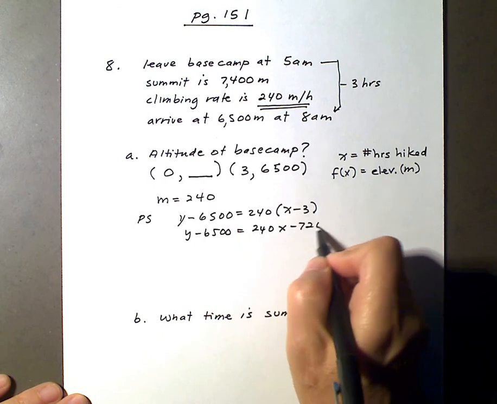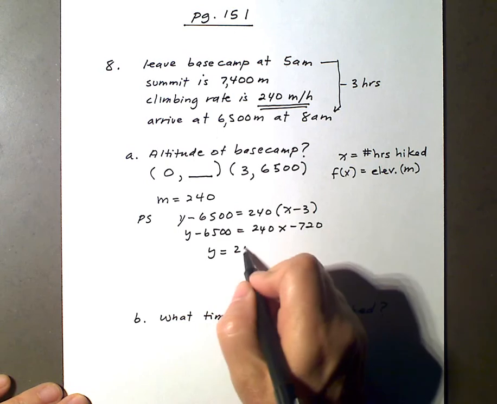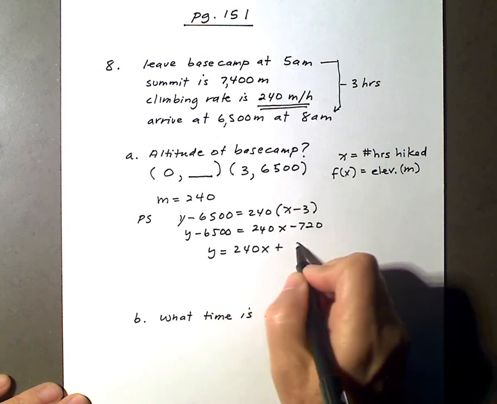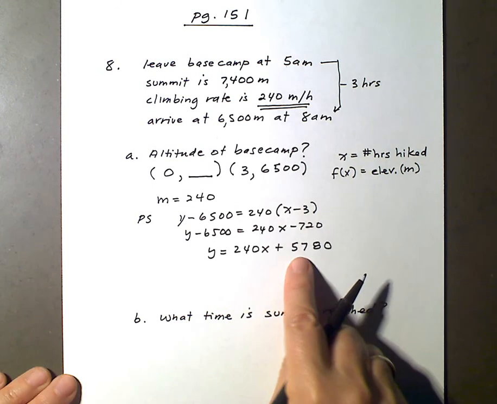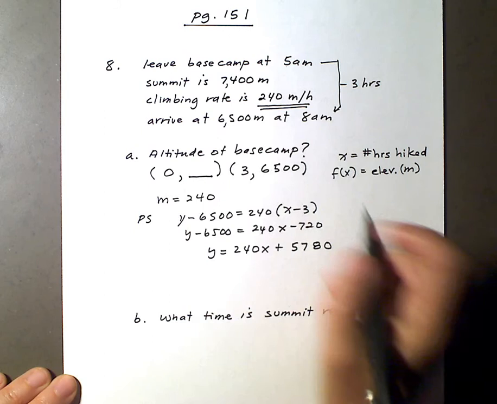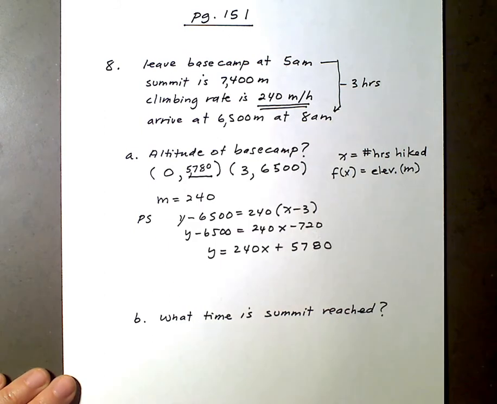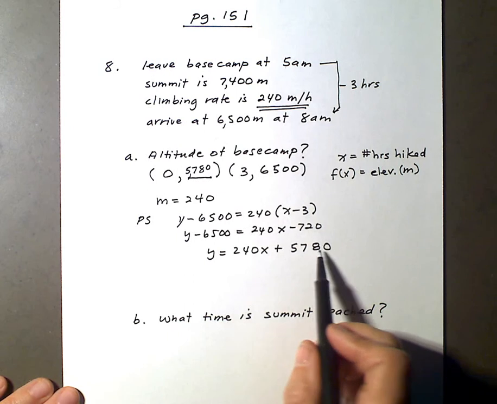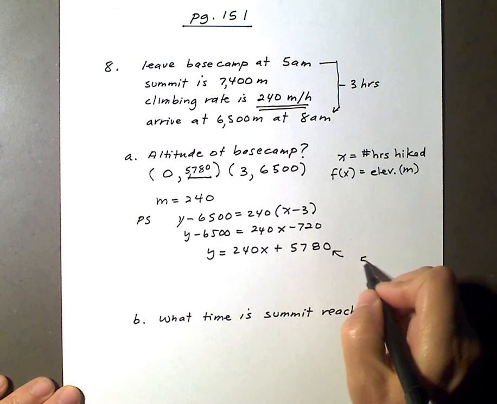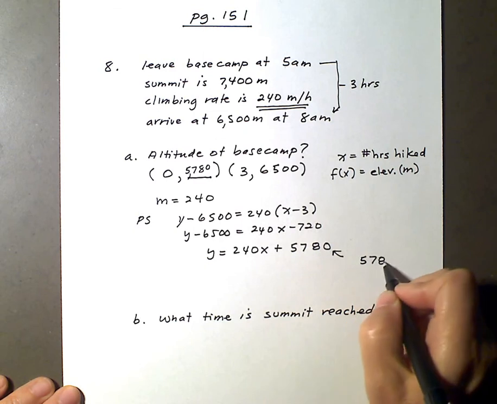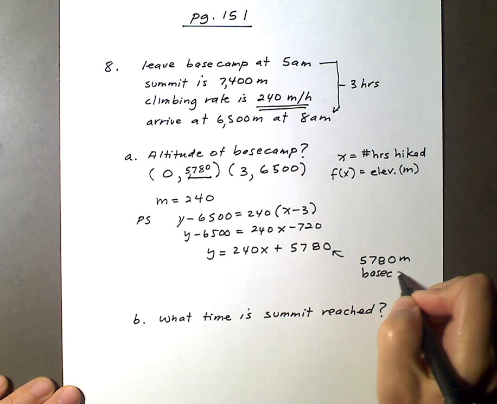When I add 6,500 to both sides, I get y is 240x plus 5,780. That y-intercept value is right here. The y-intercept is when x is 0, so the base camp was at 5,780 meters, to answer that question.